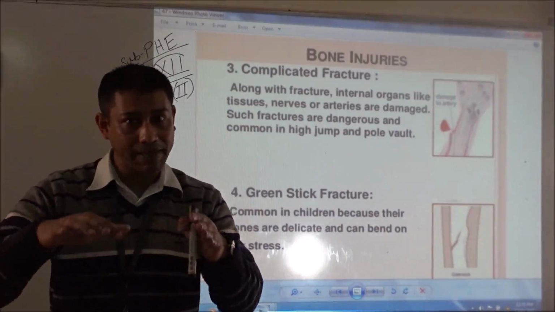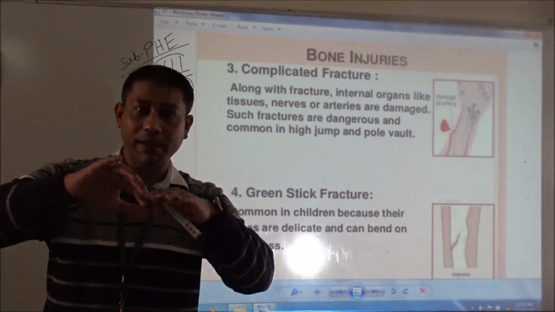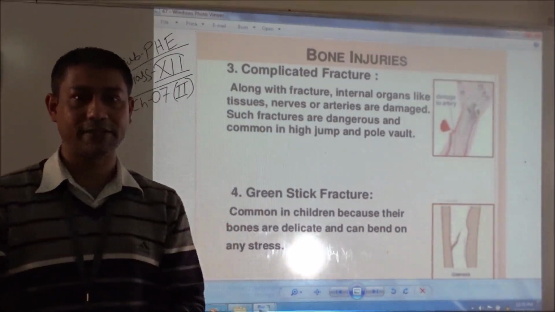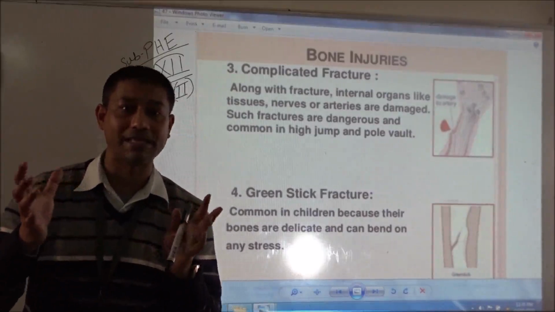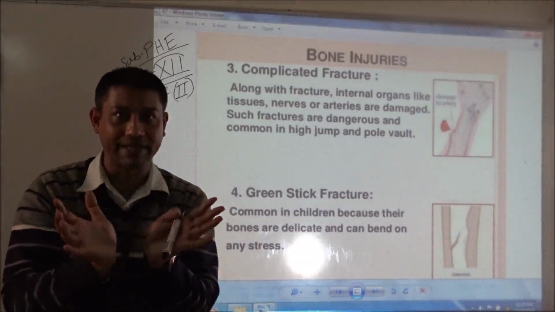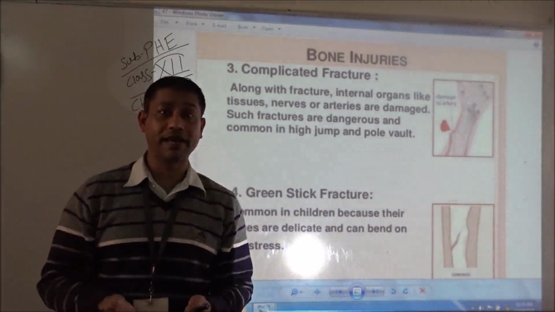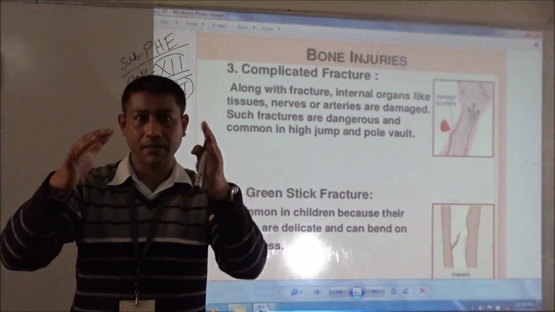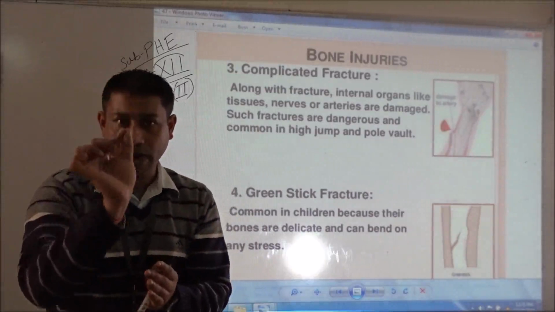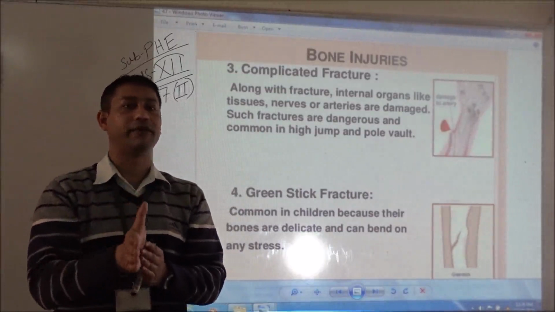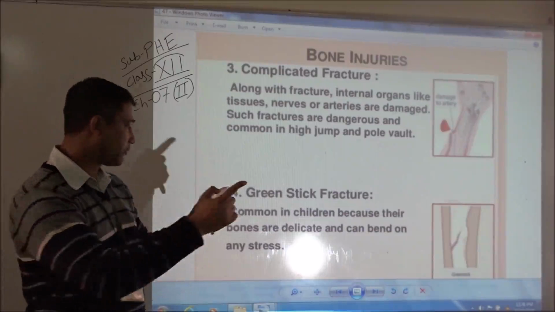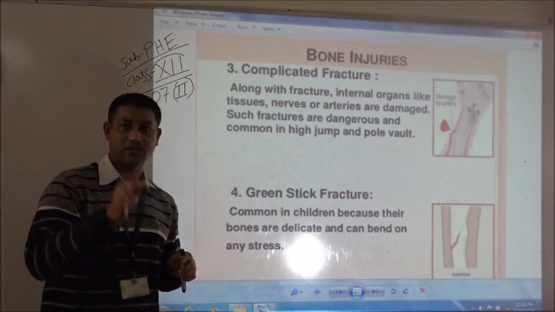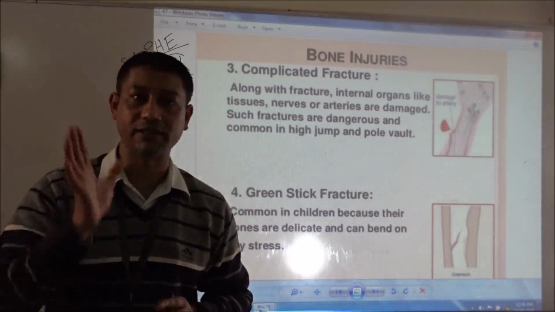Rather than breaking clearly, the bone is curved, it is bent. Take an example, students: if you see good quality plastic and you try to break it, instead of breaking, it gets bent and there is a whitish line coming in between from where the bend is taking place. So it is very similar. Green stick fractures occur in children.